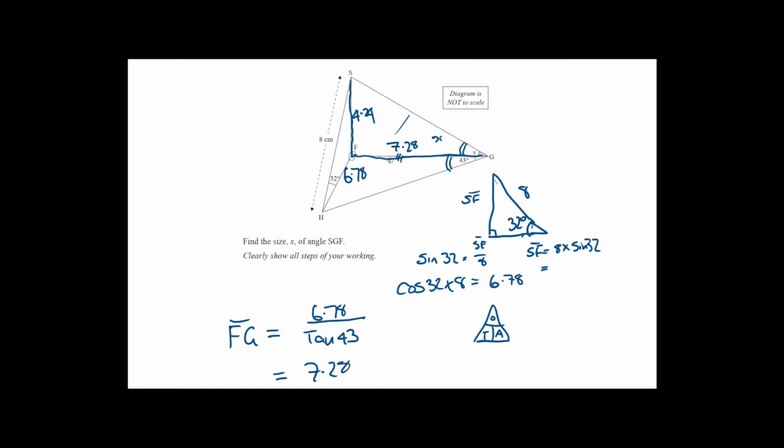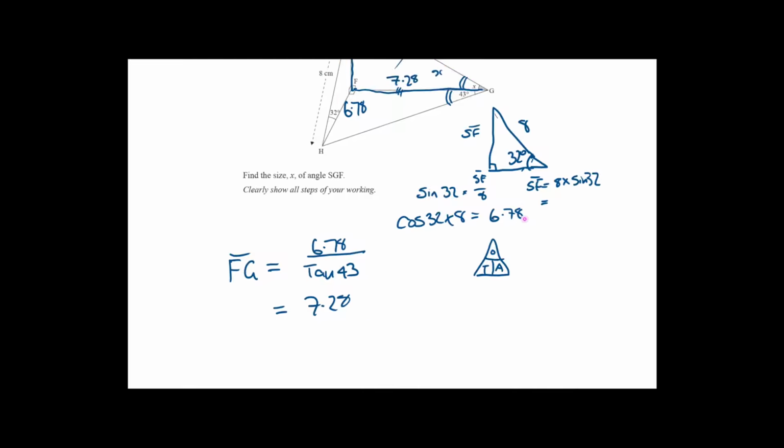So now we have everything we need to find x. We're now finding this triangle here. Let me redraw the sides here so we can work with it. We know there's a right angle here. This is 4.24, and this is 7.28, and we're looking for x.